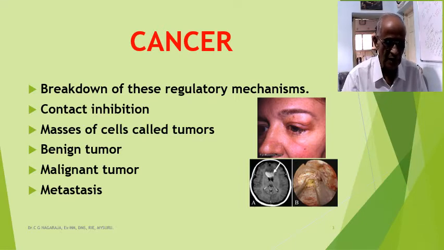But if they start growing endlessly and migrating from site to different parts, then it becomes a malignant tumor. That will be a serious case, and that requires immediate attention of the medical experts. For that matter, any tumor suspected will have to be attended by the doctor.